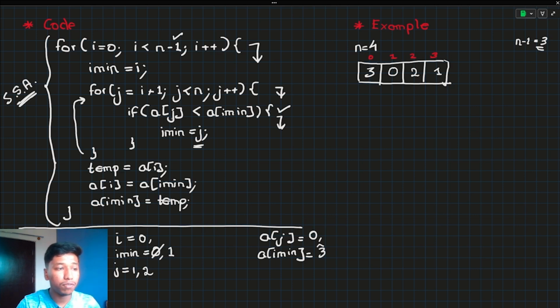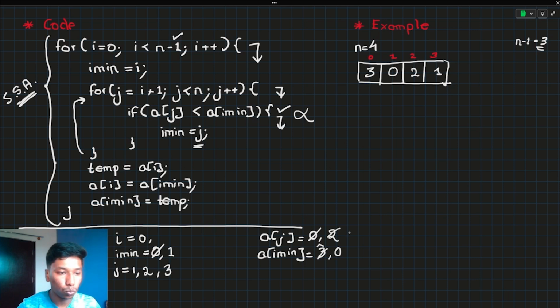We'll check a of j, that is a of 2, which is 2. Now I min is 1, so a of I min is 0. Is 2 less than a of I min? False. Hence we'll ignore this part and jump back to the for loop, incrementing j to 3. Now j is 3. What is a of 3?